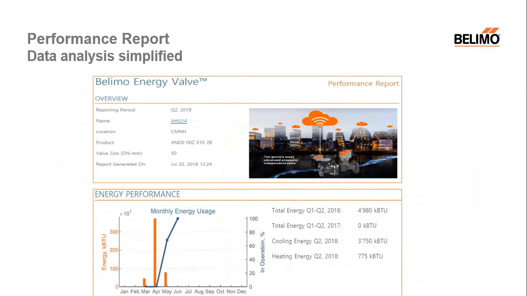Total energy compared quarter versus quarter, cooling energy versus heating energy, how often the delta T manager has been utilized. So it allows for a very concise document to help prove that the energy valve is operating correctly and saving energy within the building.